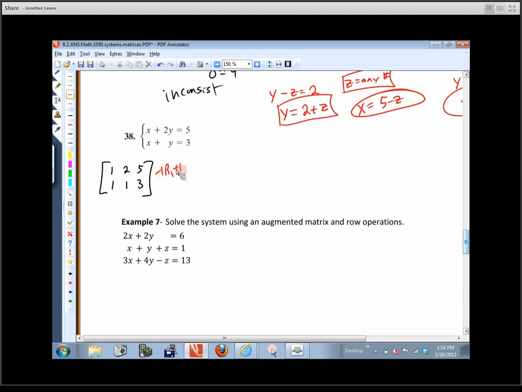Times it by a -1, and we're going to add it to row 2. If you wanted to say I'm going to take row 2 and subtract row 1, that would be okay, as long as you kept straight which one was changing.